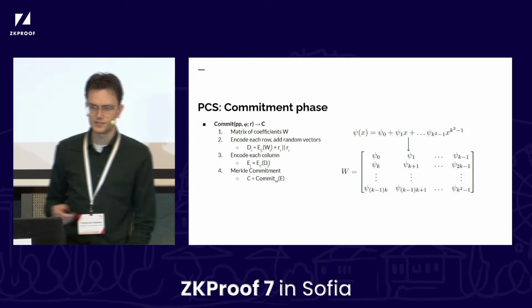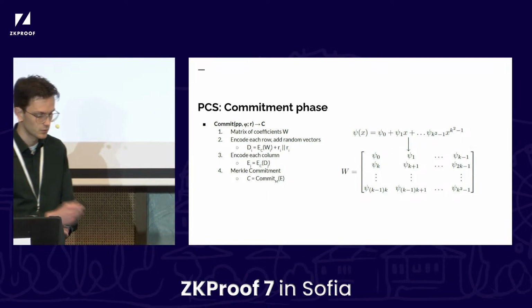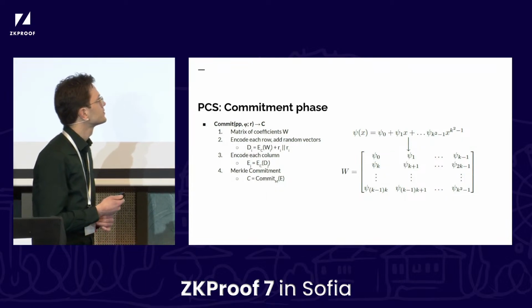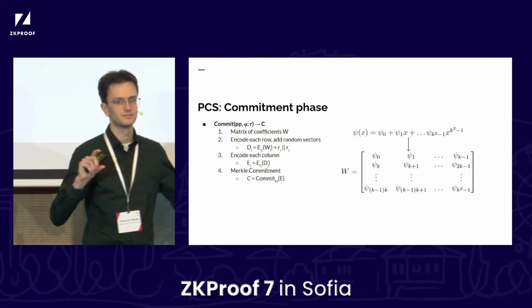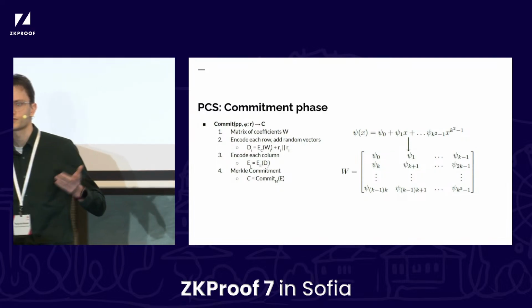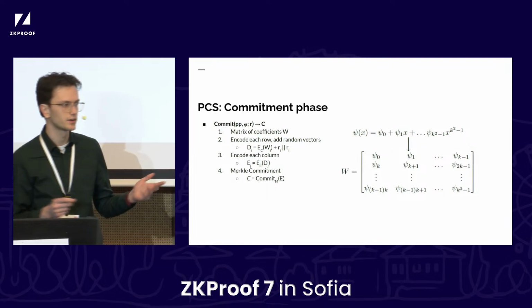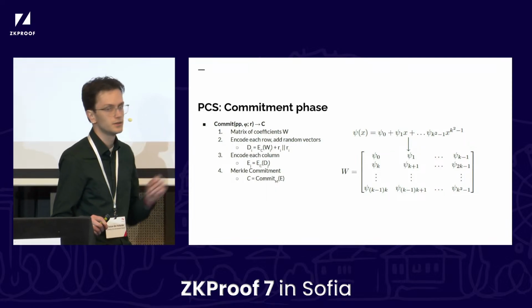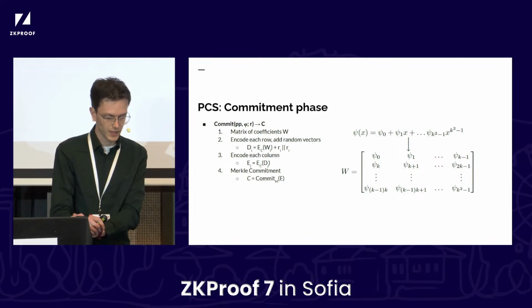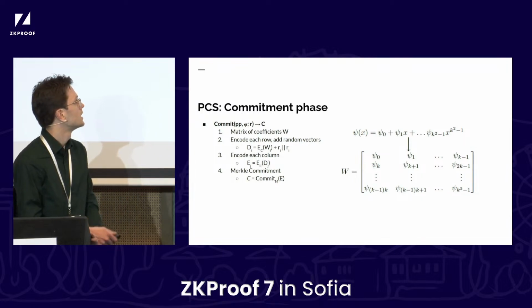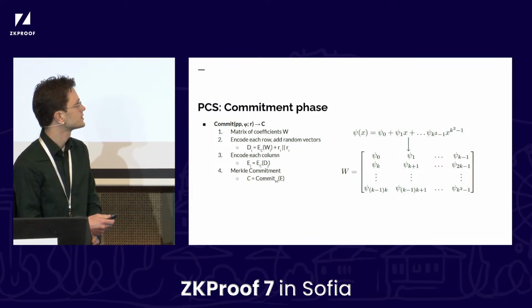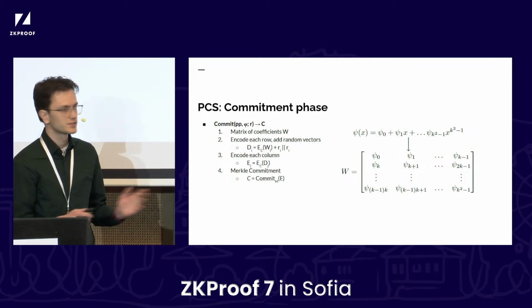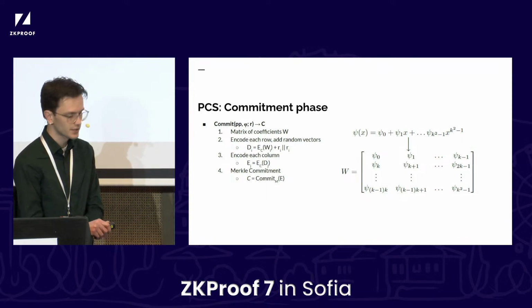So how does this polynomial commitment scheme work? So first, the commitment phase is we have a, so yeah, it works for both univariate and multivariate polynomials, but let's look at a univariate polynomial. So we have the coefficients here, and we put it into a matrix, and for simplicity, let's assume this is a square matrix.